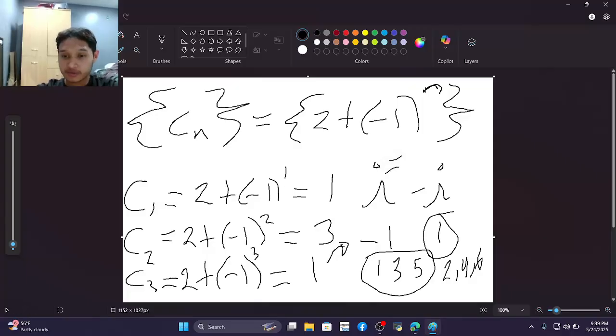If you consider this negative 1, if we square it, we get positive 1. If we raise it to an odd power, we get a negative.